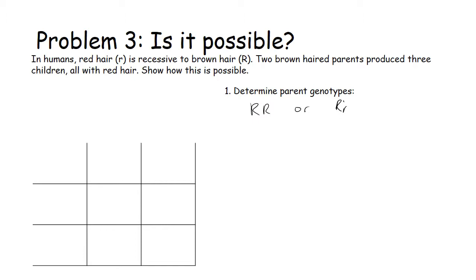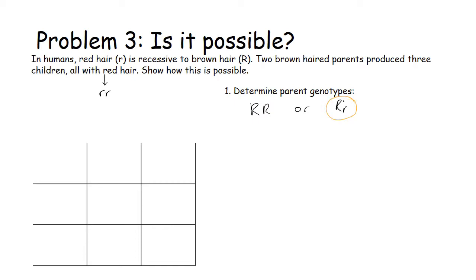However, if you know that these red-headed children have only one possibility of a genotype, they must be homozygous recessive, little r, little r, and that must come from their parents. One must come from one parent and one must come from the other. Therefore, both parents must be heterozygous.